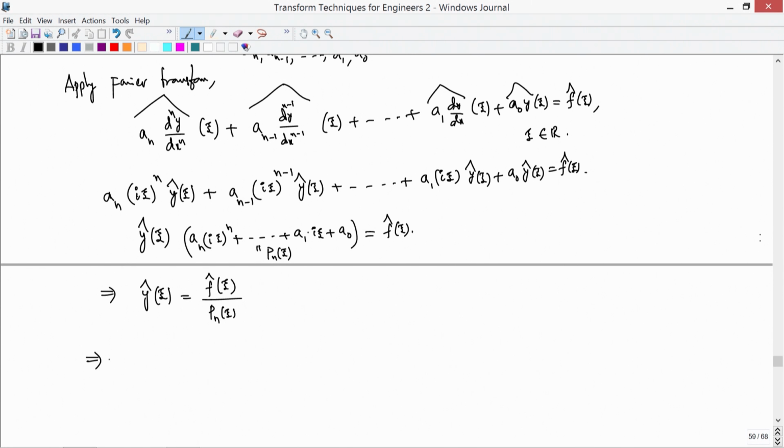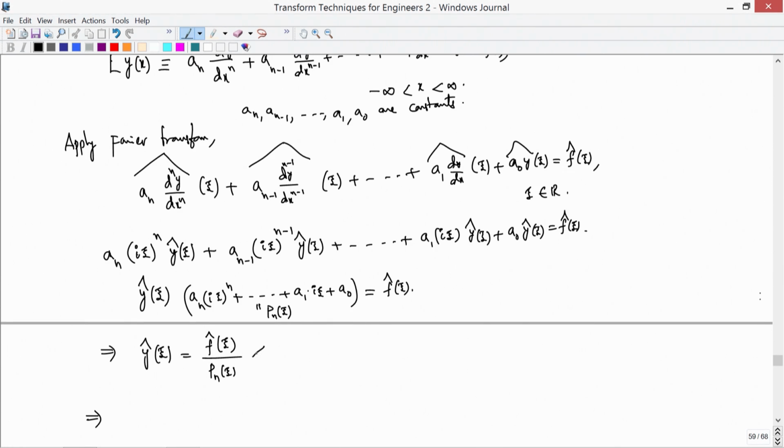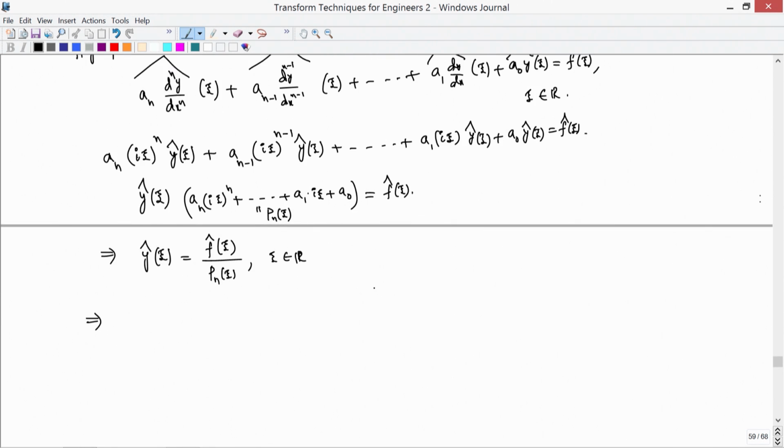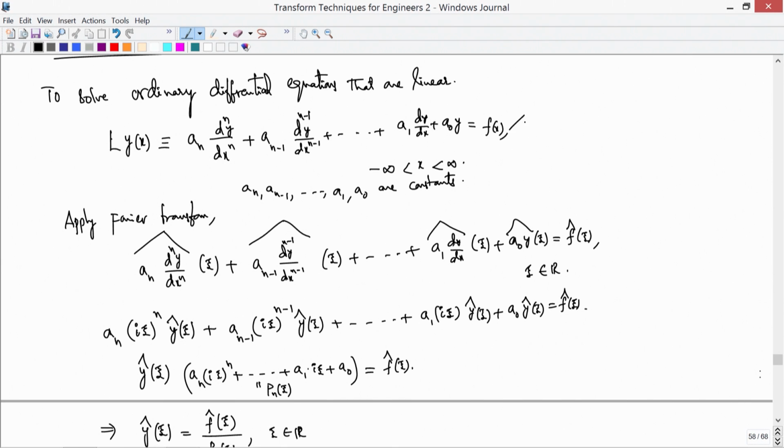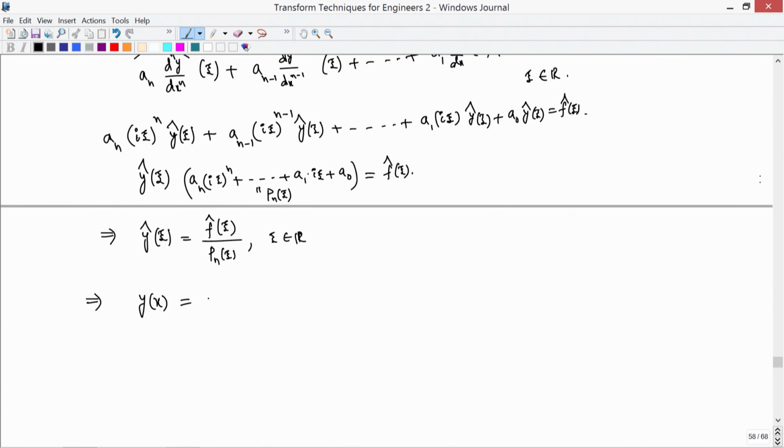So, we have this for xi belongs to the full R. Now, if you take the inverse transform for y, you get your y of x. That is exactly the solution of this equation. So, such a solution is the inverse transform of this, that is, the integral from minus infinity to infinity of 1 by root 2 pi, f cap of xi by p n of xi, e power i xi x d xi.